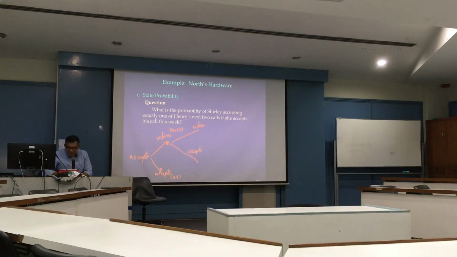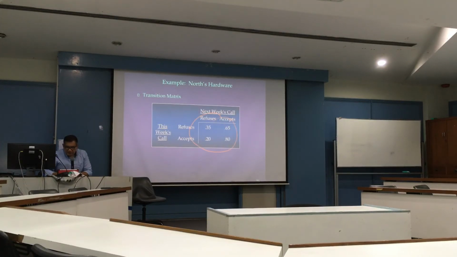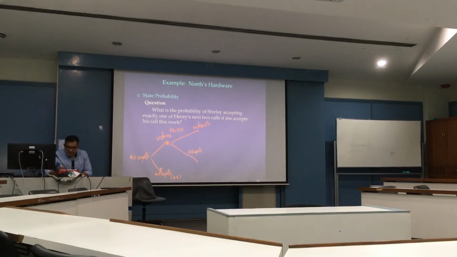Starting with refuse: refuse is 0.35, and accept is 0.65. How about this one? You go to refuse and accept: this one 0.20, this one 0.8.